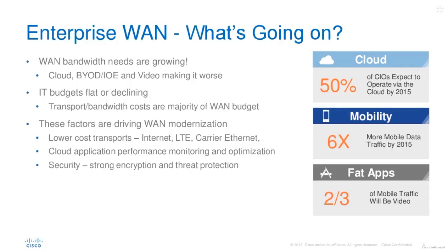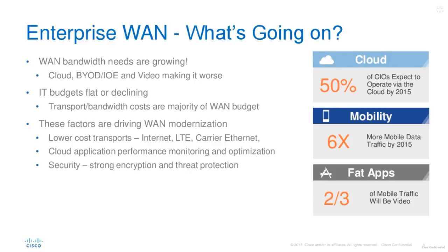All these things have really driven a need for users in those remote branches to have more access to that. Along with mobility devices increasing, and in particular the prevalence of video on those devices and the bandwidth requirements that those applications dictate.